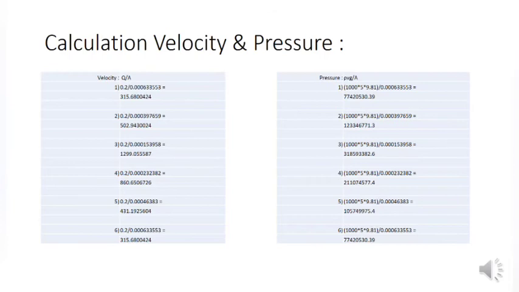Okay, next is the calculation for velocity and pressure. This is the calculation that we have made for velocity and pressure. With velocity, we use the flow rate over area. The flow rate is constant, so the change is the area that we have calculated before, and we get the answer for each point.